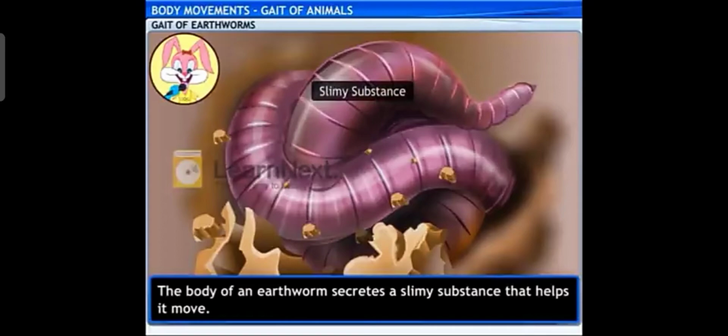And also the body of an earthworm secretes a slimy substance that helps it to move. Slimy substance means an oil-like substance. Always the body of the earthworm will give out some slimy or oil-like substance so that it will help the earthworm to move very easily.